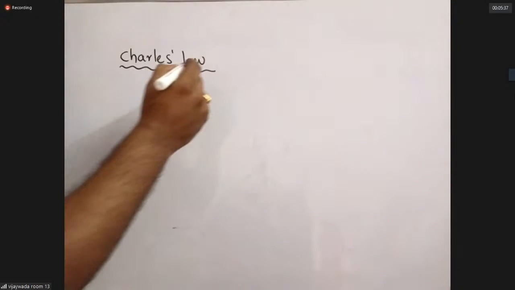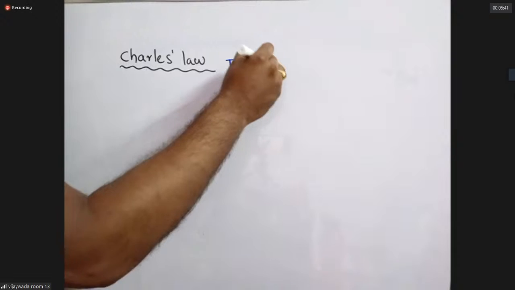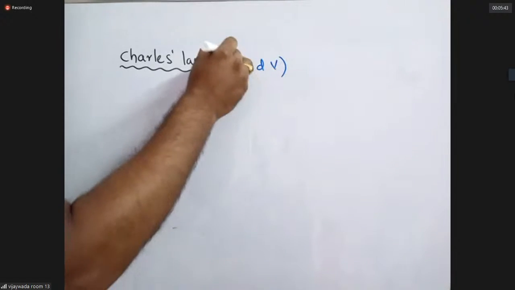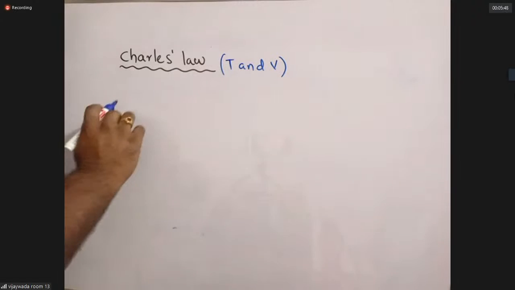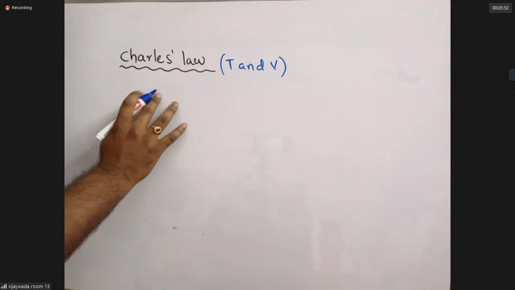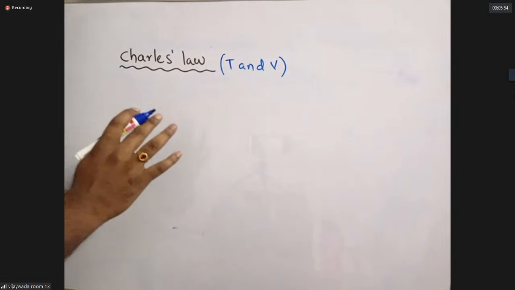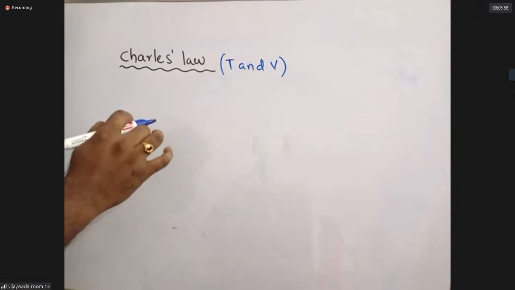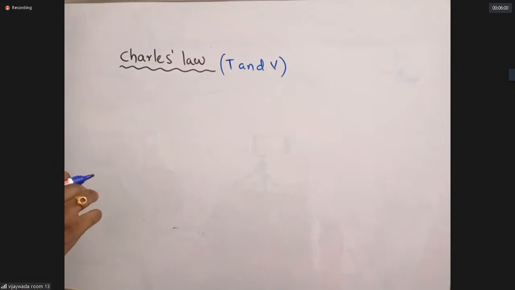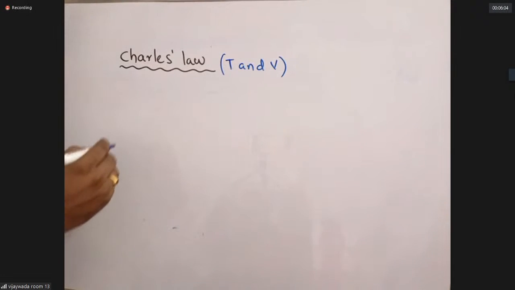Charles' law is the temperature and volume relationship. He did many experiments on temperature and volume at constant pressure, and the mass of gas also constant.